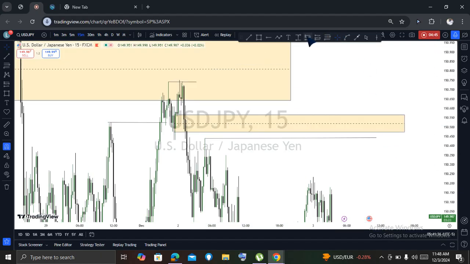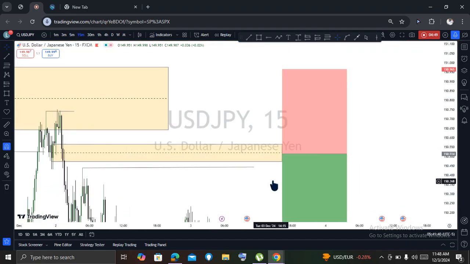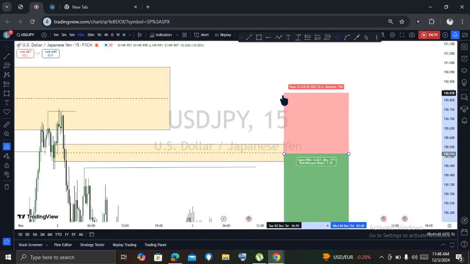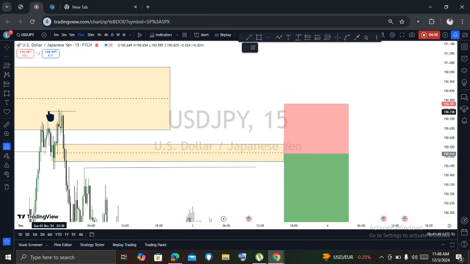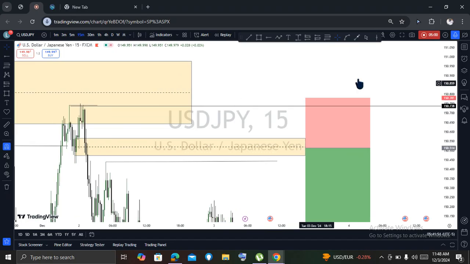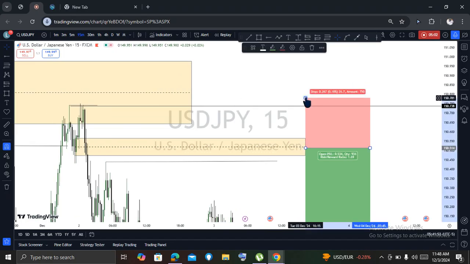I'll be putting my sell position around this area, and my stop loss would be around this high. This is where I want to enter it.